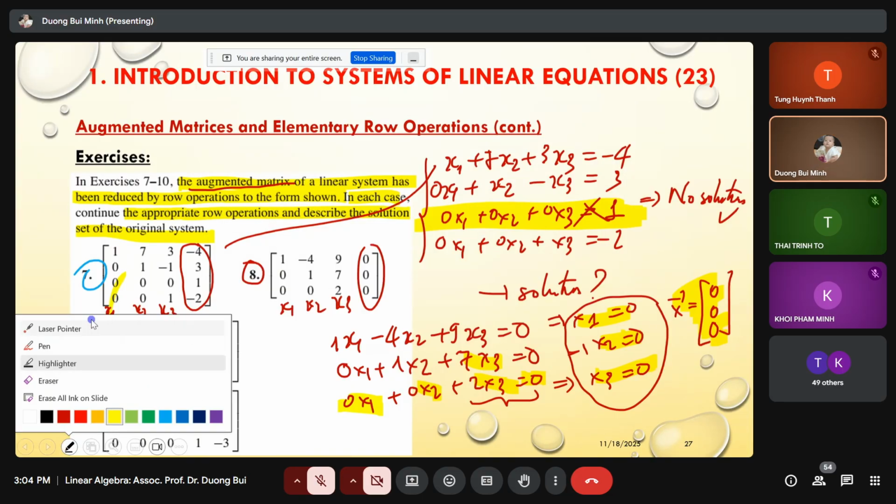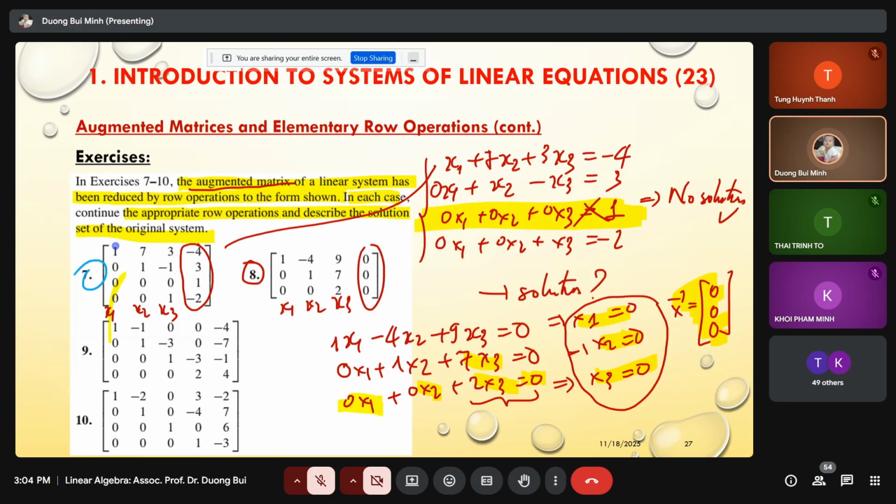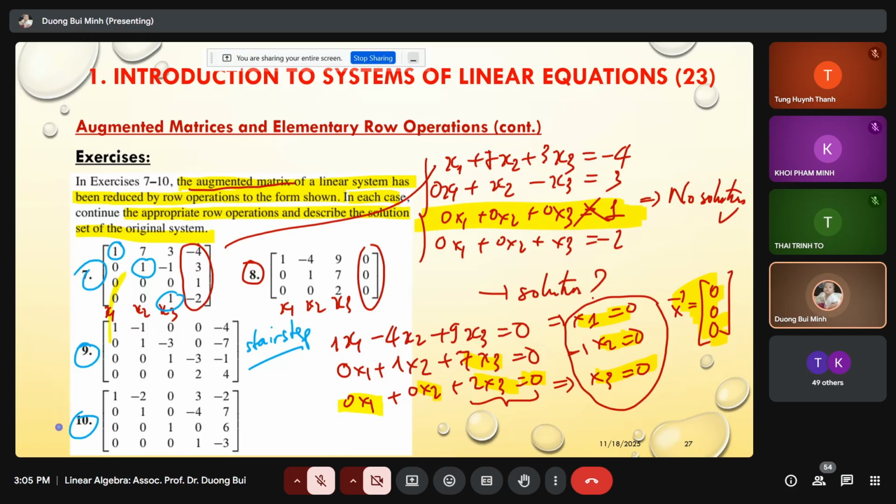Now look, if we consider this equation, this is the leading entries, this is the leading variable, and this is also a leading variable. Later on we will discuss leading variable, leading coefficient, leading entries. So this one has steps, or row echelon form, so you get the result very quickly. And the others are for your reference, you answer for yourself.